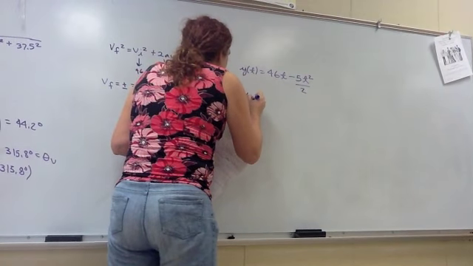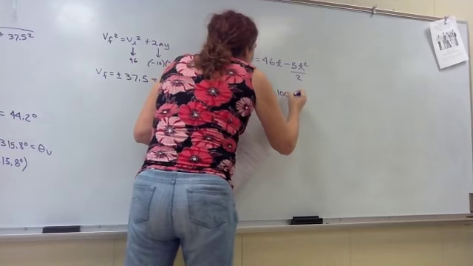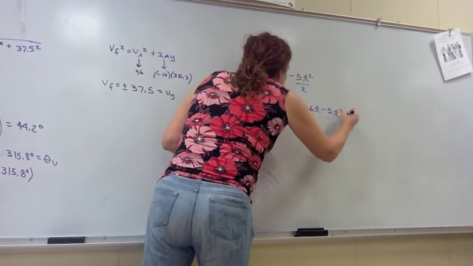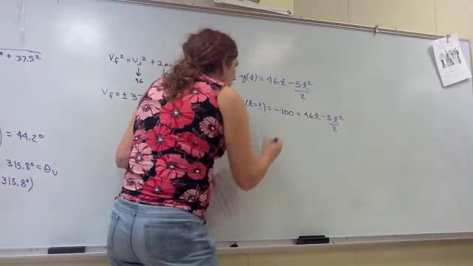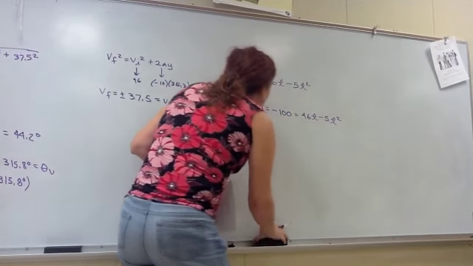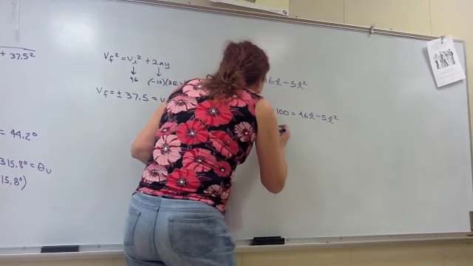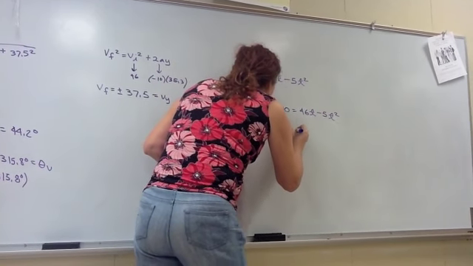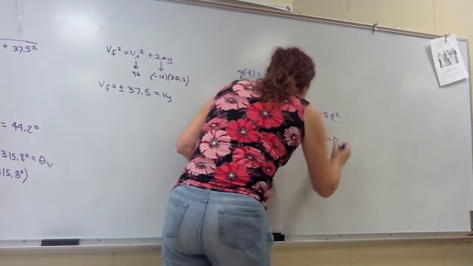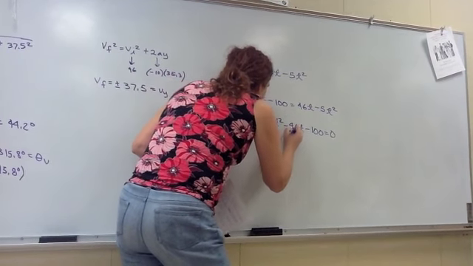So y of t at the time that we need is equal to minus 100, and that's equal to 46t minus 10t squared over 2, or just 5t squared. We can put this into quadratic form and add this to both sides. So we get 5t squared minus 46t minus 100 equals 0. Then all we have to do is solve the quadratic equation.